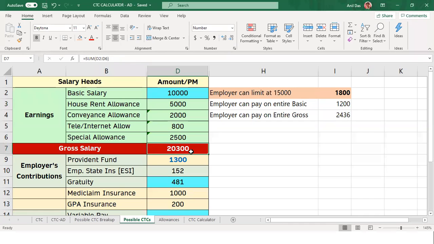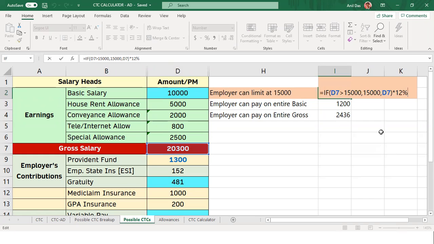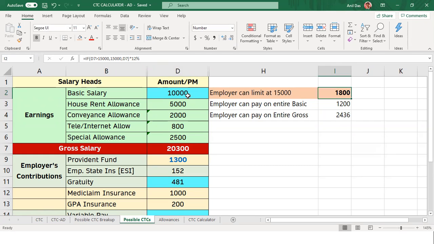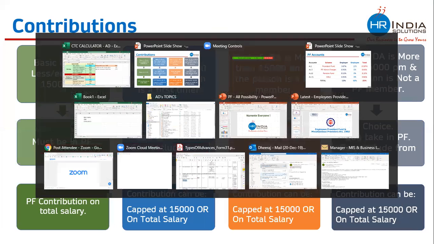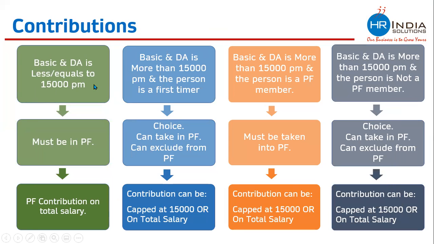No doubt the salary is 20, but PF is getting calculated on 15 only. If it is less than 15, then PF is getting calculated on total salary. Is this clear? If the basic and DA is less than or equal to 15, the contribution will go on total salary. Or am I confusing you more?